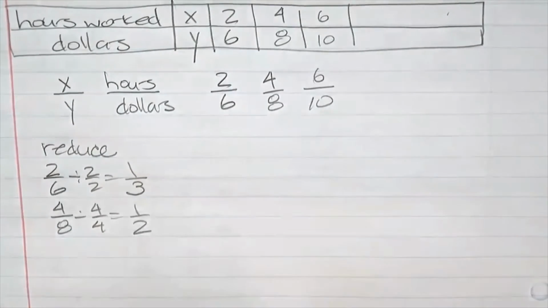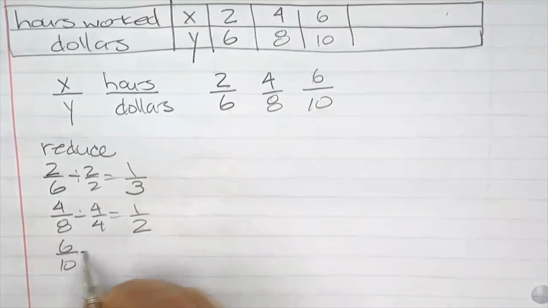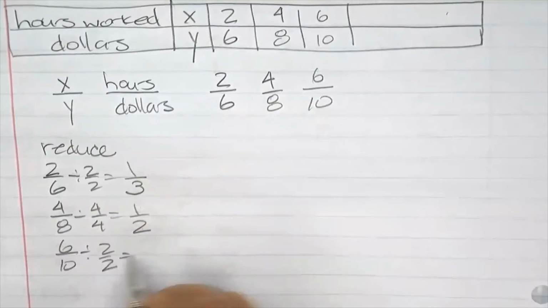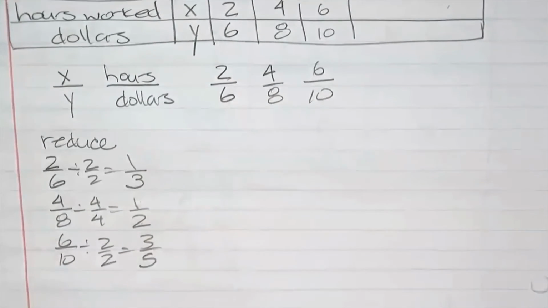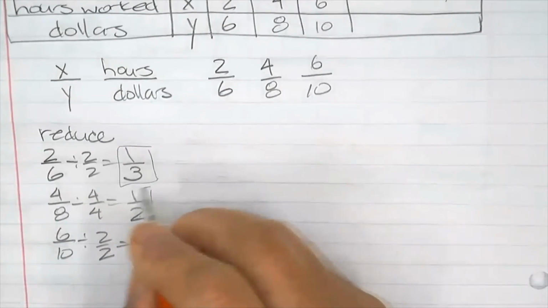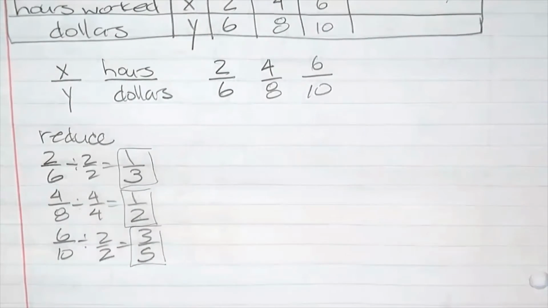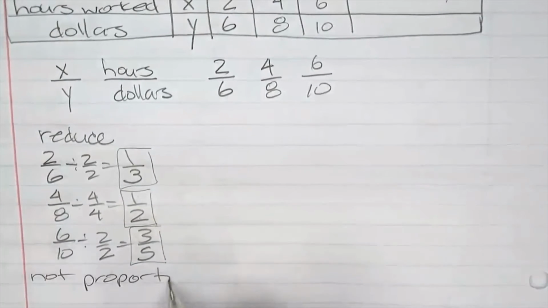Uh-oh. 1/3, 1/2. We can reduce this. 3/5. Whoa, take a look at that. When they're in their simplest form, they are not equivalent. Not proportional.